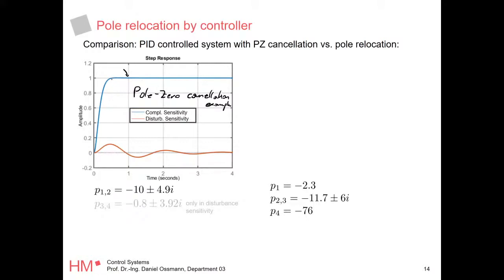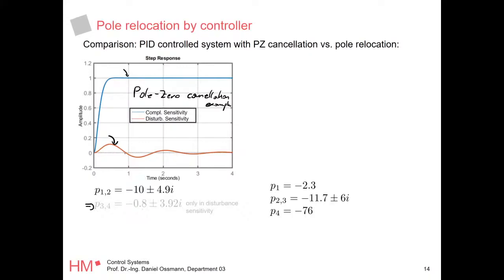It's going to be fast and it's going to be accurate, but we will have a disturbance sensitivity which does not look so good. It will get excited because these poles we cancel will still show up in the disturbance sensitivity. And this is what you see here. This is what I try to emphasize here.